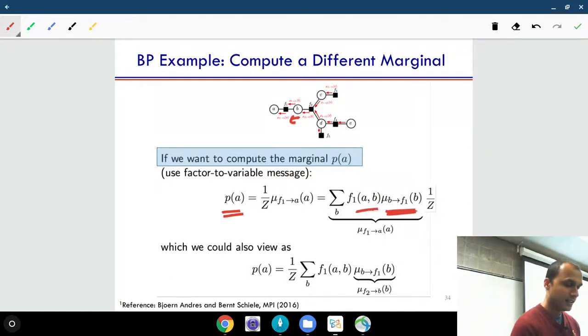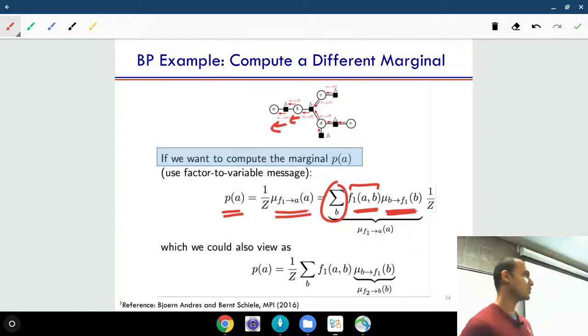F1's local factor would be a function like this, a sum over all the irrelevant variables. That would be the message that F1 will pass to A, and the message that was passed to A is the marginal probability of A. So that's, in terms of computation, what we want to interpret the messages as.